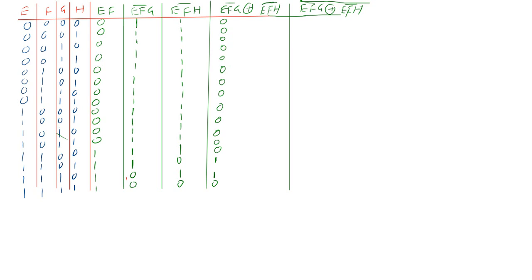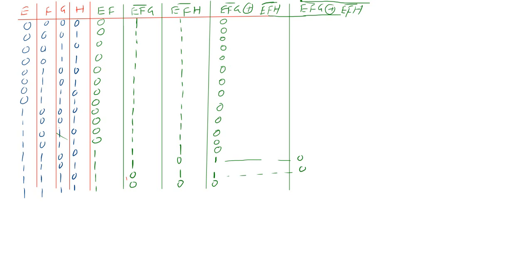For these outputs, we know that when you negate 0, you get a 1, and when you negate a 1, you get a 0. So at this point here we shall have 0 and we shall have a 0. Then all the others will be 1.